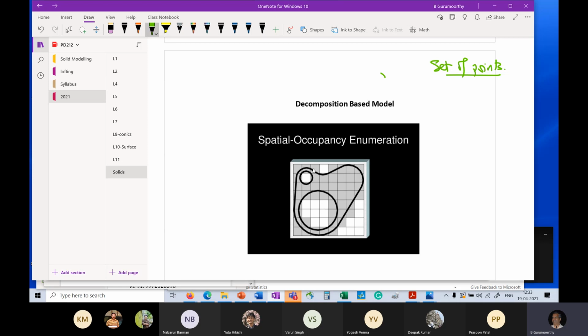That represents my object. The reason why you did this in your school was because then you can find the area by adding these cells. You know the area of one square, and by adding and multiplying by the area of one square, you can find out the area of this. That's very attractive, very fast.